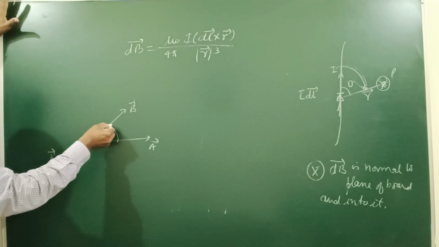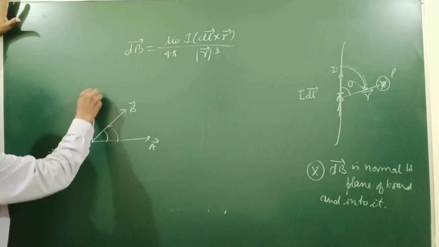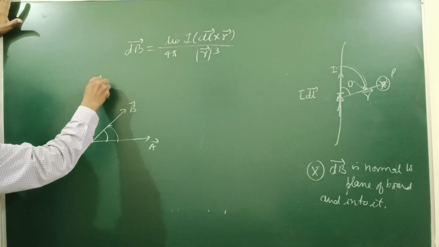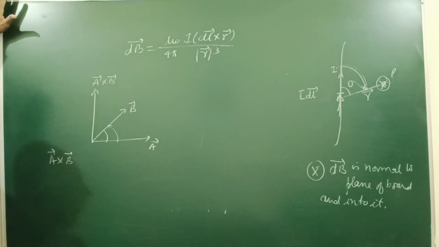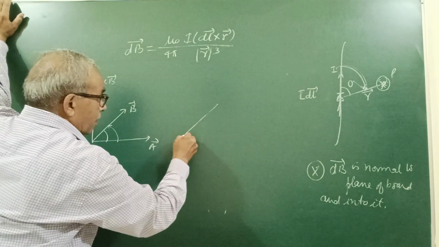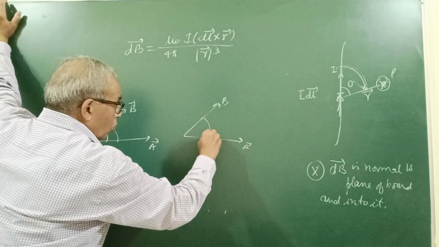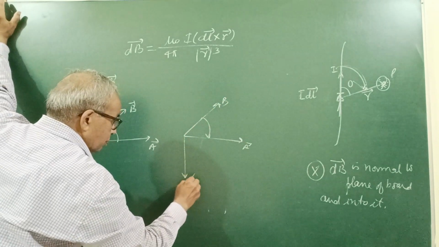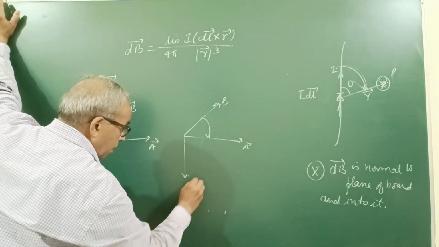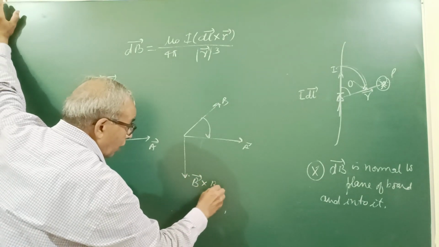A cross B rotates like this, so A cross B is this way, normal to A and B both. If I do B cross A, it is clockwise, so it will be downward.